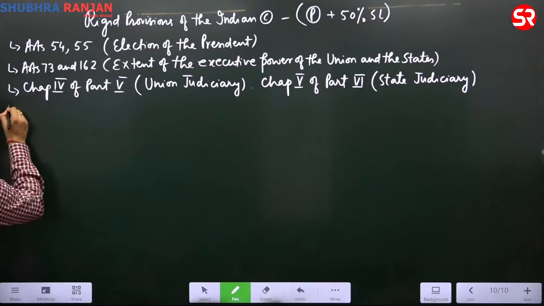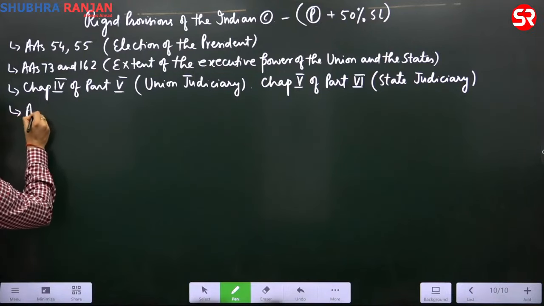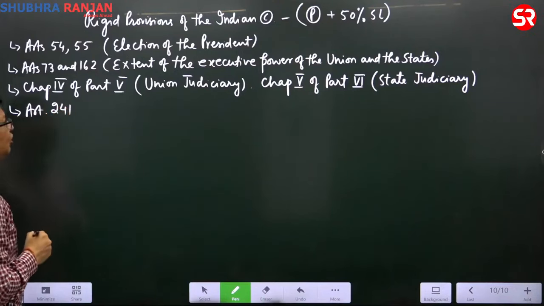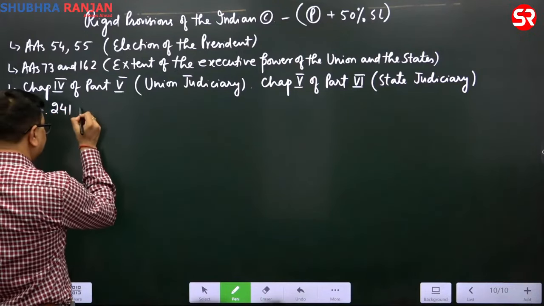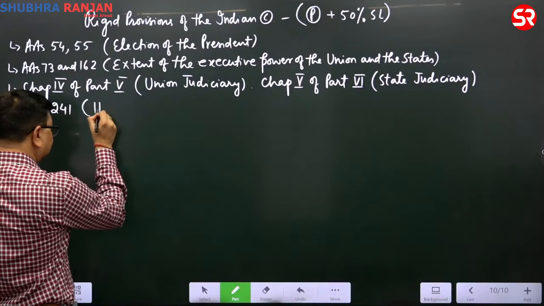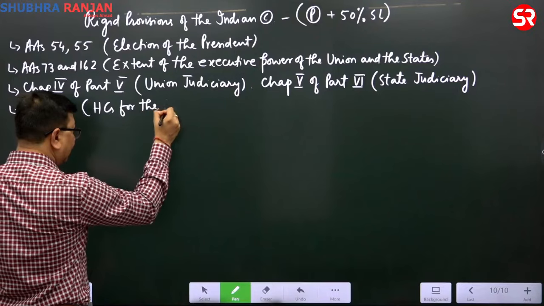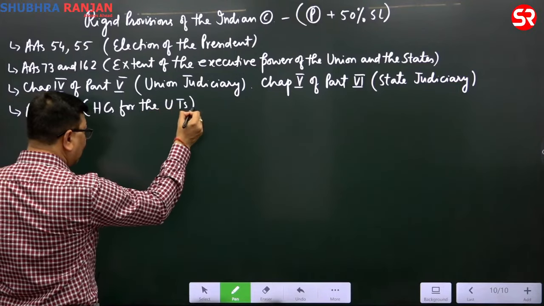Then Article 241, high courts for the union territories.